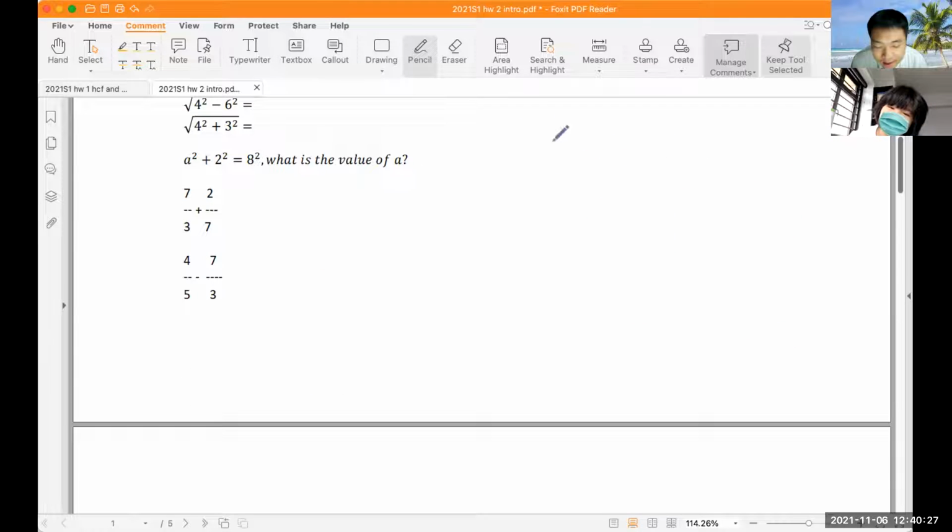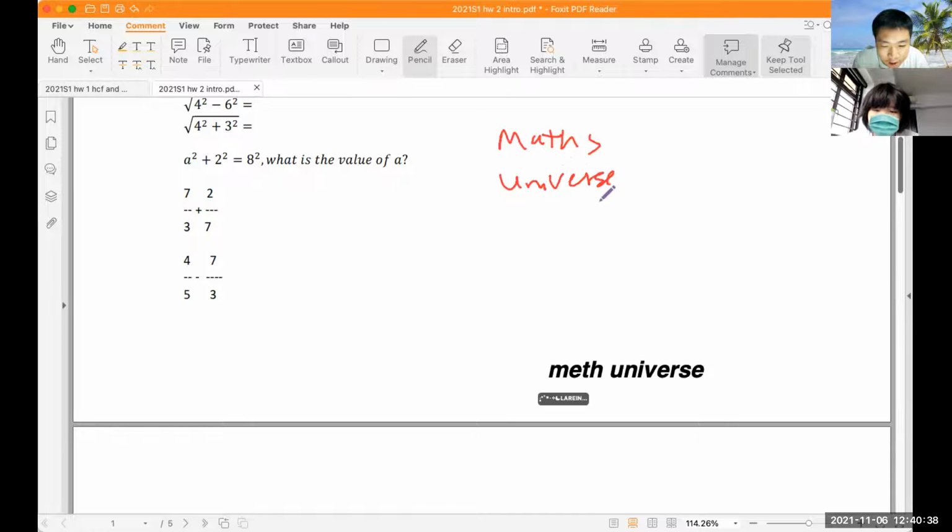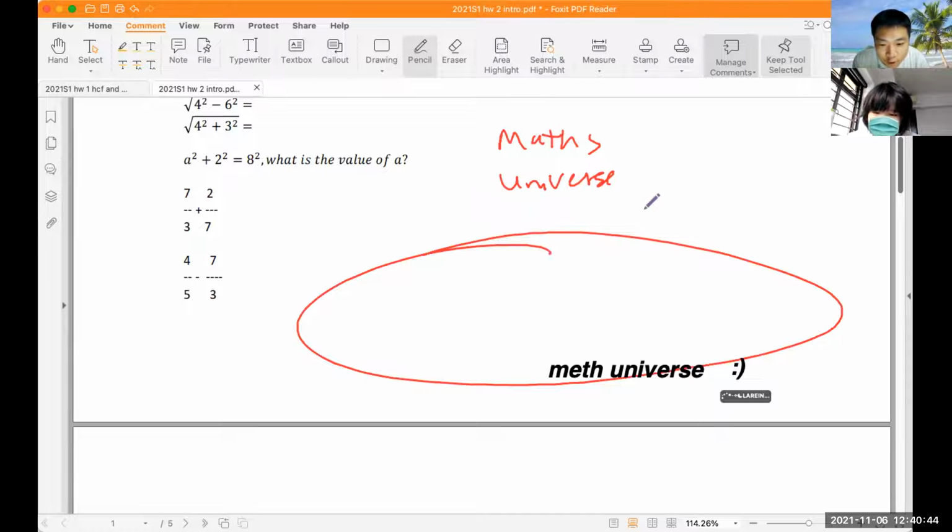Then you will start to understand what real numbers, rational numbers, whatever it is. So you have this mathematics universe. In this universe, we call it real numbers.